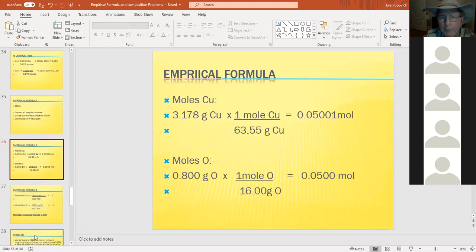But if I want the empirical formula, I'm going to take my weight of copper divided by my atomic weight. This gives me 0.05001 moles of copper. I have my moles of oxygen, divide that by 16, I got 0.0500 moles of oxygen. Now what do, Rebecca?